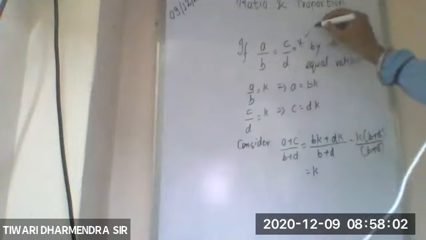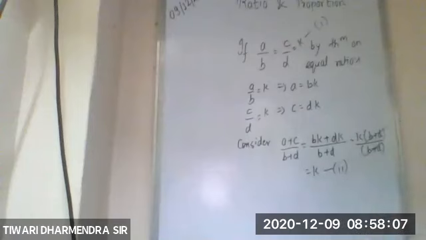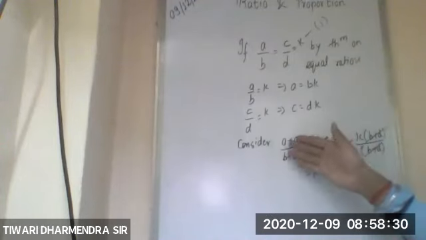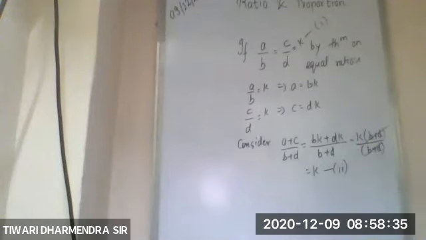So from 1 and 2, we conclude that the ratios are equal. If we add the two numerators of the ratios which are equal, then adding the numerators of the equal ratios upon the denominators of the equal ratios remains the same.